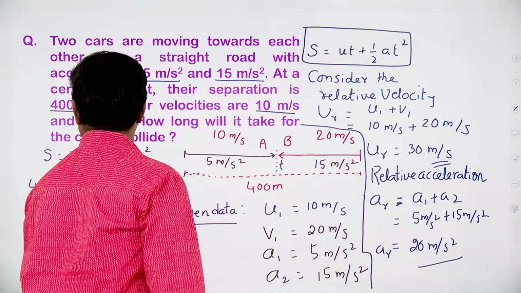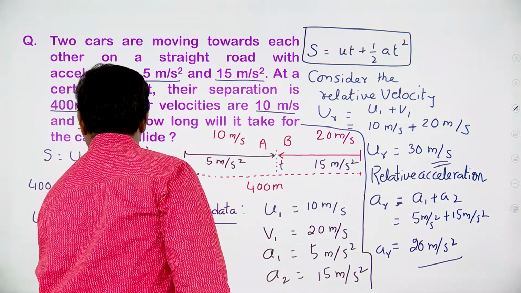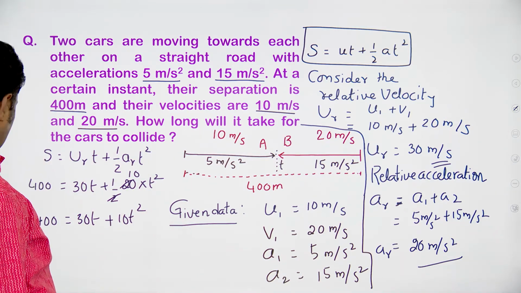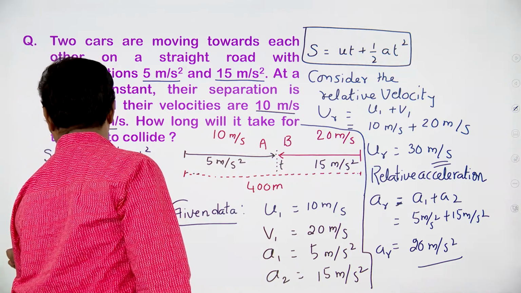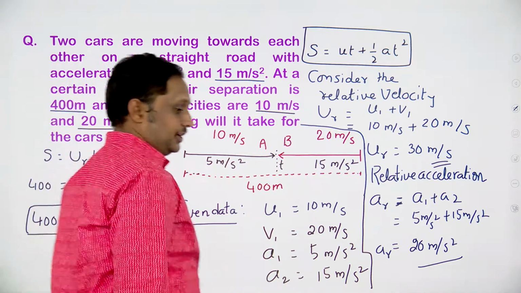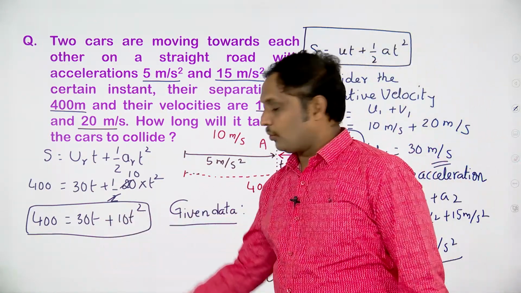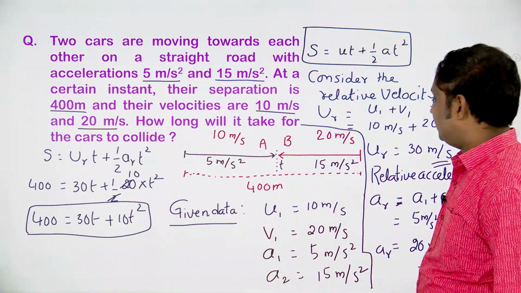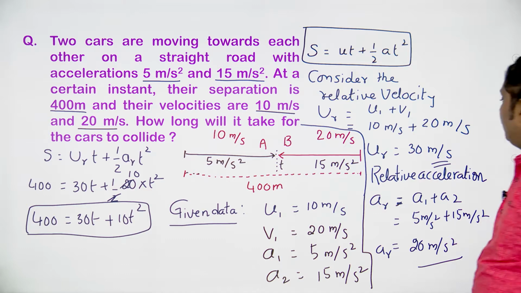So you will get the cancellation: 400 is equal to 30T plus 10T square. Then you have to solve the quadratic equation by getting the value. Just see all the values that we have seen. Okay, let's go for that.